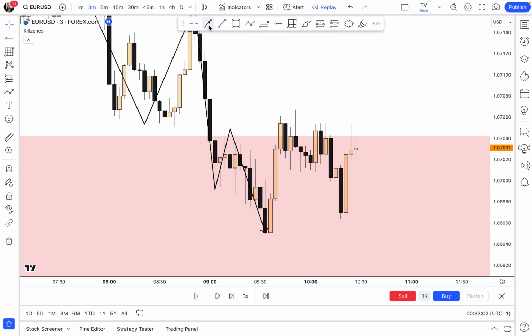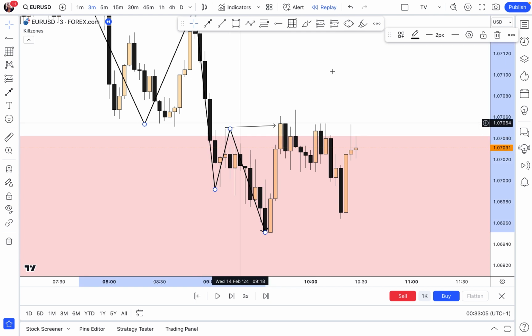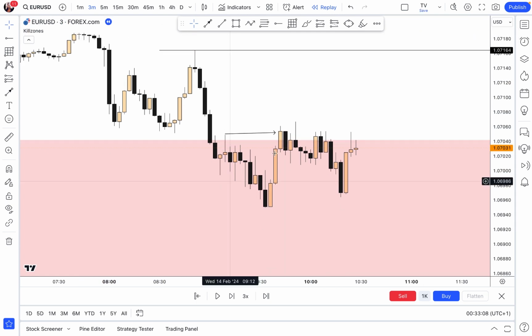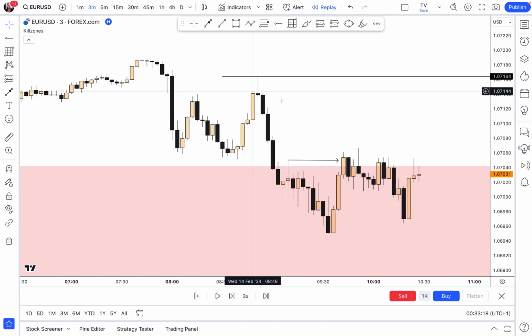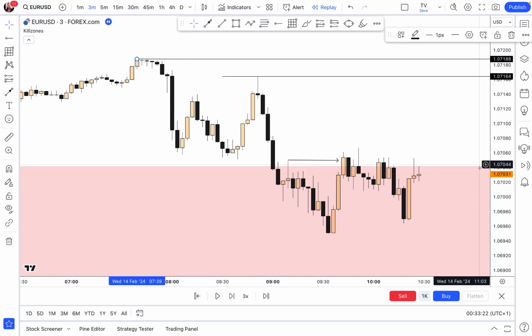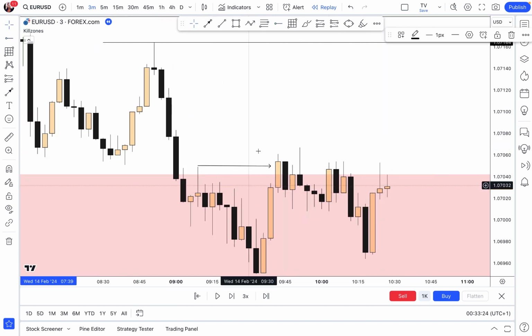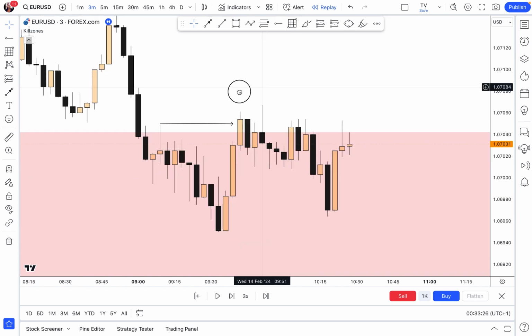Actually, you can look for a break of structure from this high as well, but this is kind of not so nice price action. But if I was on the chart on this day, I'll be waiting for price to break above this high so that I can have a solid confirmation as opposed to this internal one.